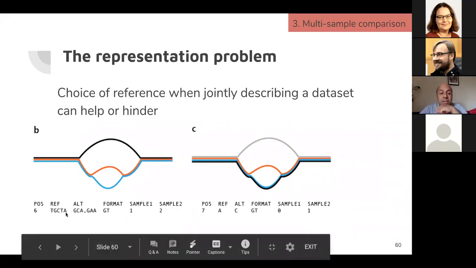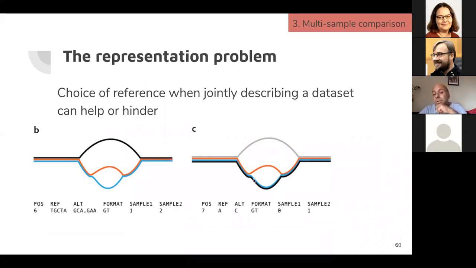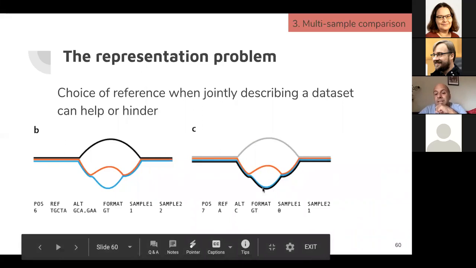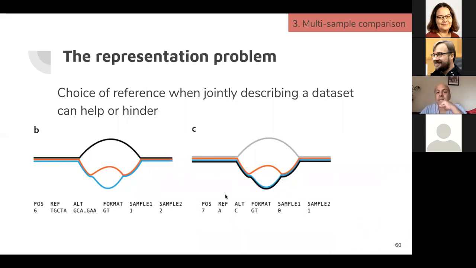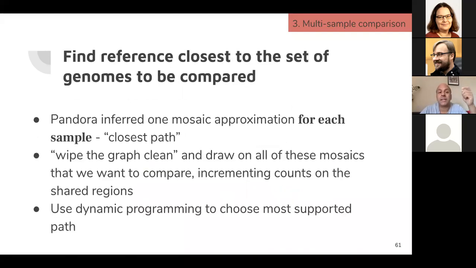Well, that's a pain. So it looks like this in a VCF. Now, if instead I had chosen the blue genome as a reference, then suddenly I just get a SNP. So what I'm saying is, having already discovered my variation, when I try and describe it to other people, my choice of reference as a coordinate system really affects how interpretable the results are.